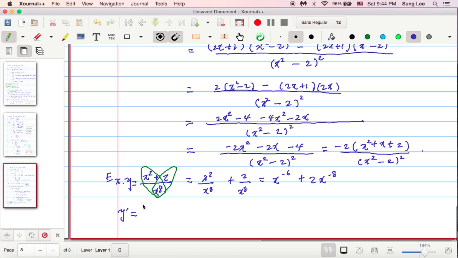So using the power law, that's going to be negative 6 x to the power negative 7 minus 16 x to the power negative 9. Okay, or you can write this as negative 6 over x to the power 7 minus 16 over x to the power 9. Anyway, even if you use the quotient rule, you will end up getting the same thing, but this is much simpler.